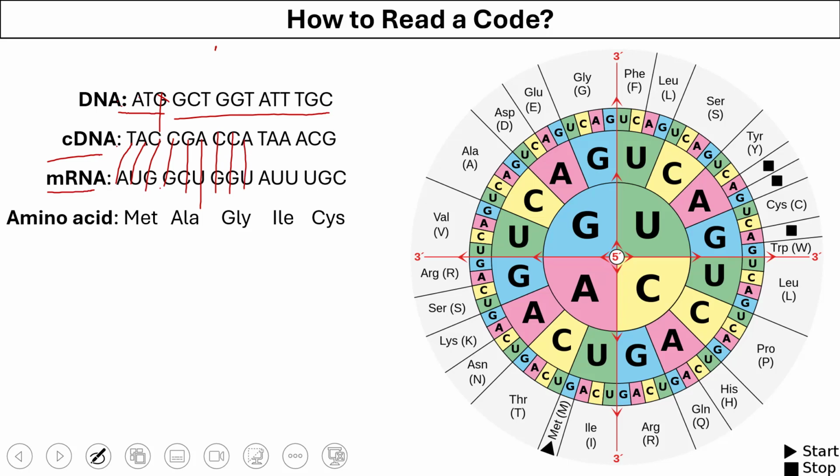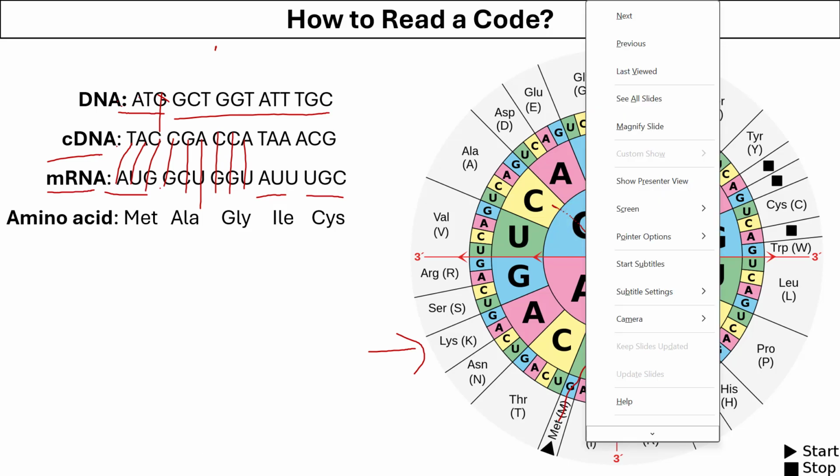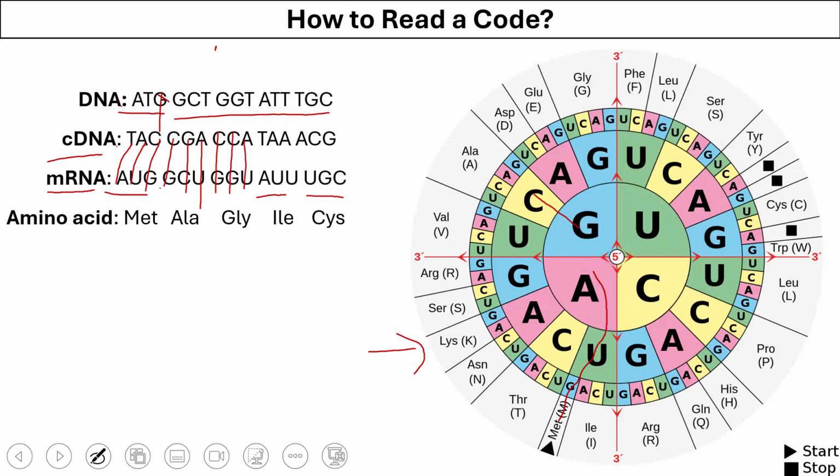Now let's find these mRNA codons in the chart on your right. AUG will be methionine. GCU will be alanine.